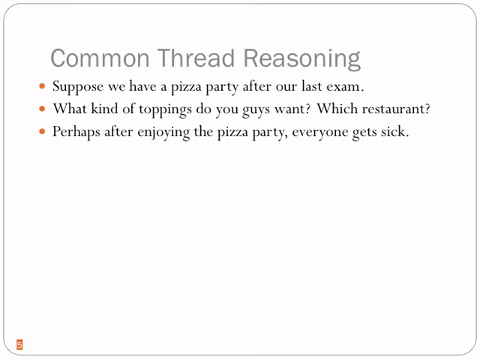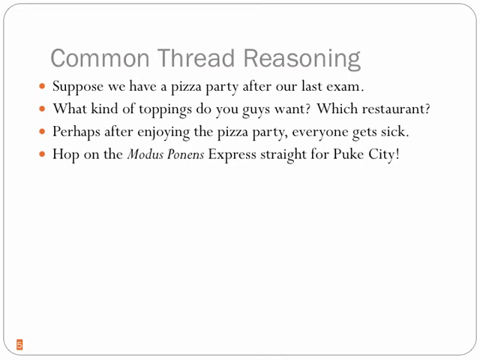But then something strange happens. Perhaps after enjoying this pizza, one by one, everyone starts getting sick. So one person says, oh, I don't feel good, and leaves the classroom, and then another person says the same thing, and then one by one, we hop on the modus ponens express straight for Puke City.